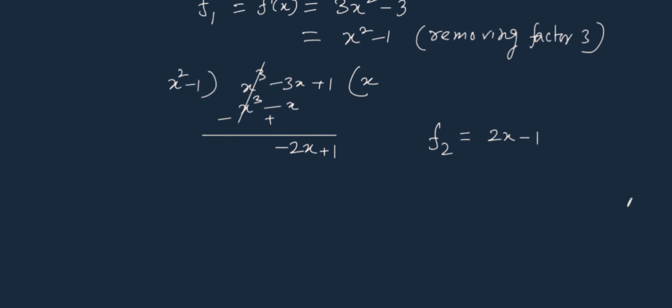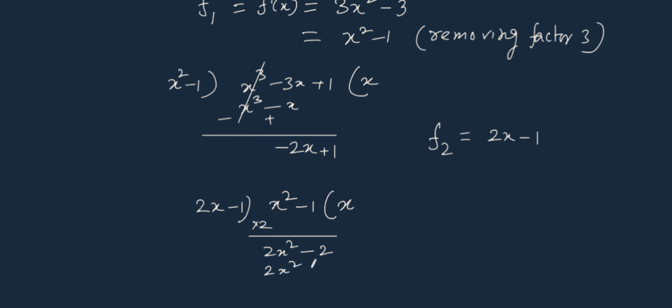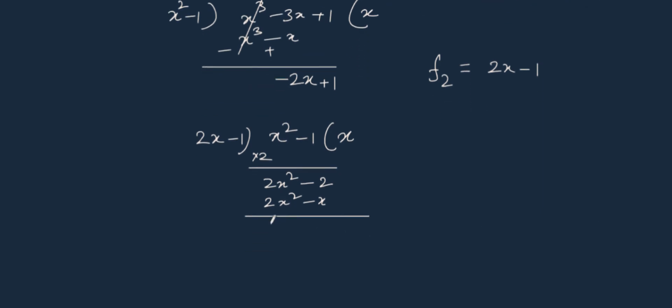So f2 is the next divisor, so we have to divide x square minus 1 by 2x minus 1. Now we are just finding the HCF, so multiply by 2. We don't want the quotient, we are only interested in the remainder, so multiply by 2. So 2x square minus 2. Now put x here, we will get 2x square minus x, change sign, this will get cancelled, x minus 2.